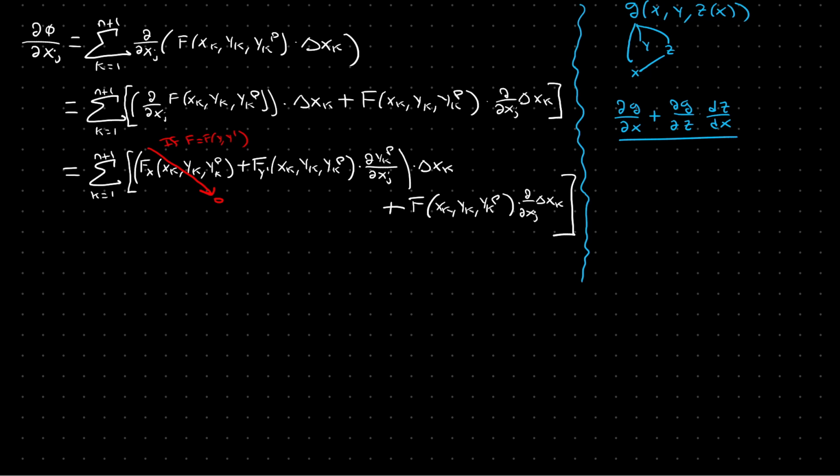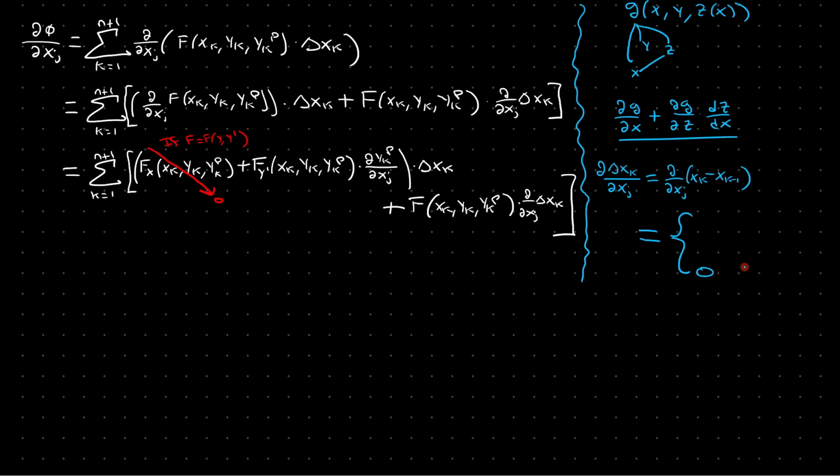So what we really need to do is figure out the derivative of ykp with respect to xj, and the derivative of delta xk with respect to xj. The second one is a little bit easier. The derivative of delta xk with respect to xj is equal to the xj derivative of xk minus xk minus 1. This is only going to be non-zero if j is equal to k or j is equal to k minus 1.